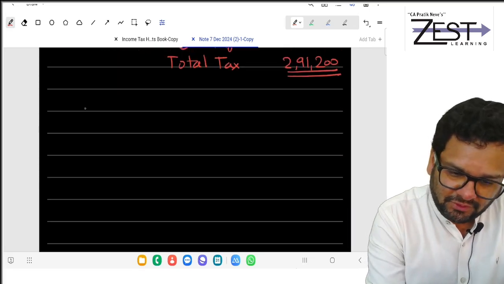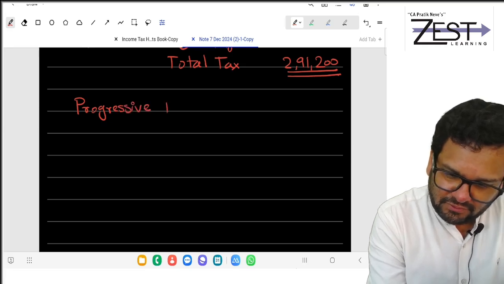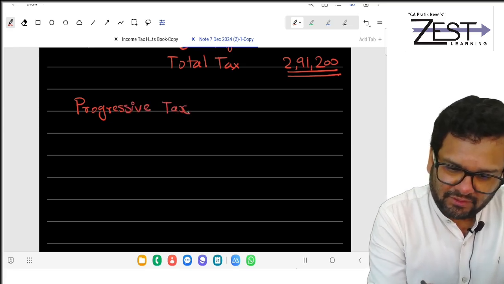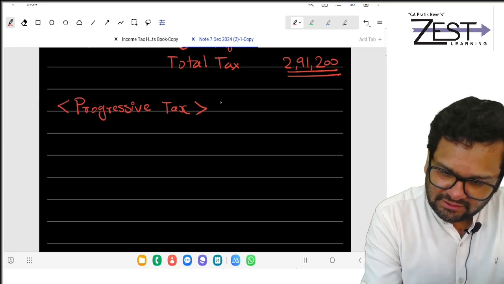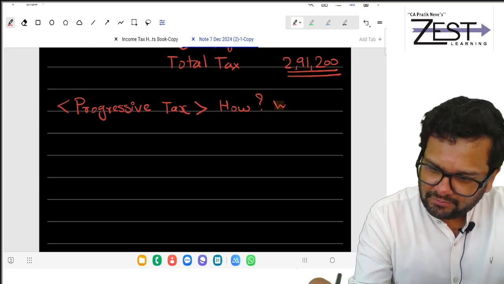See the proof. Income tax is a progressive tax. How? Why?